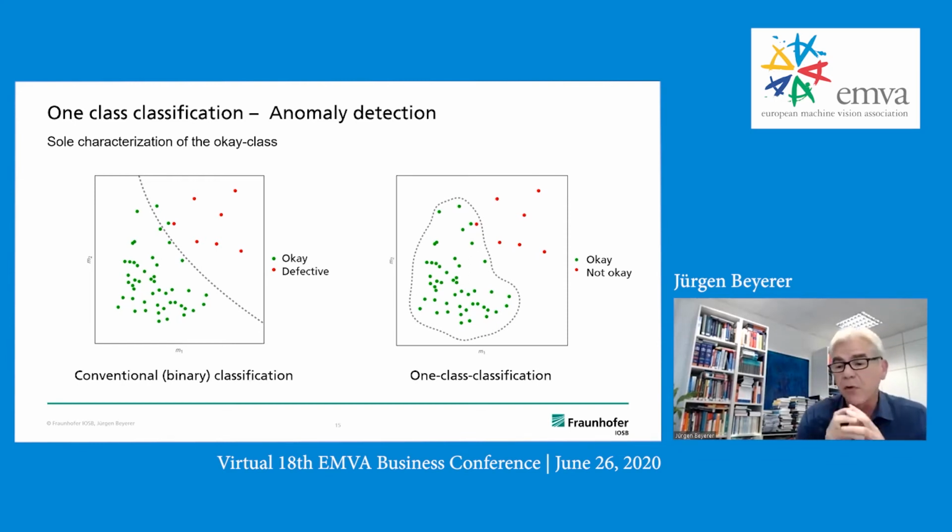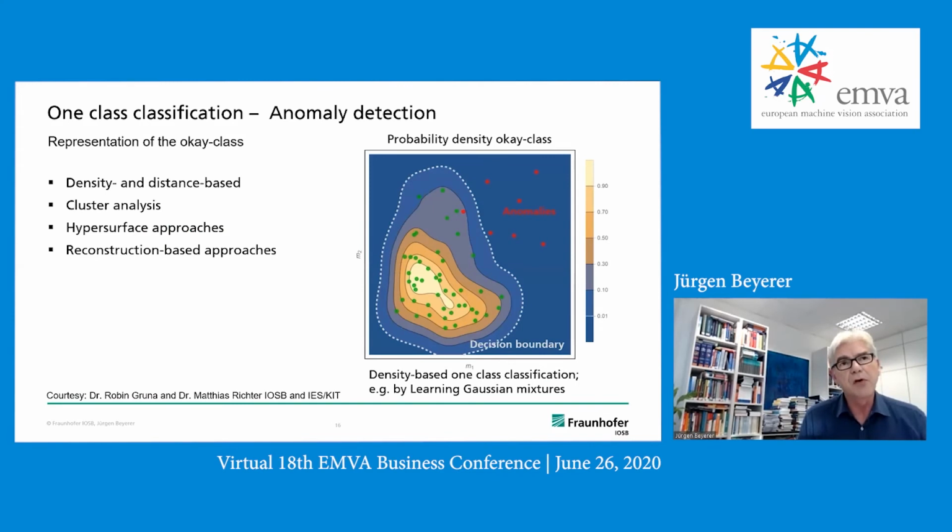Smooth is important to avoid overfitting in order to have a good generalization, also if you have not enough data. And the one-class classification is a very good approach for all cases where you have a lot of data, or you have mainly data for the good class.